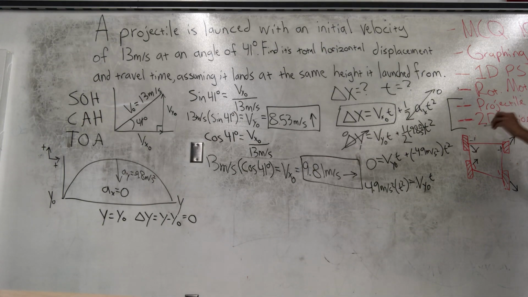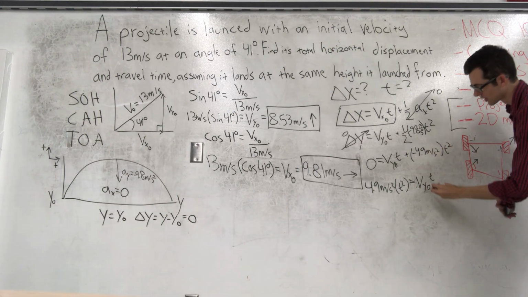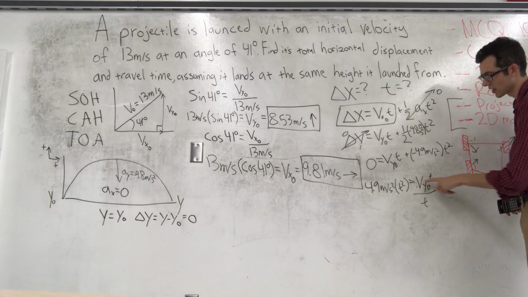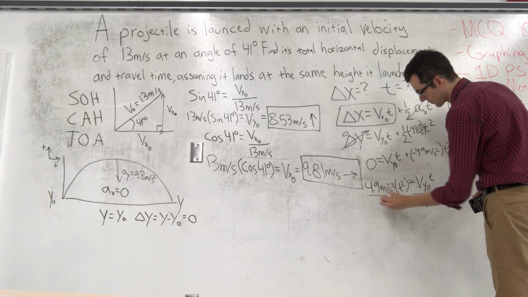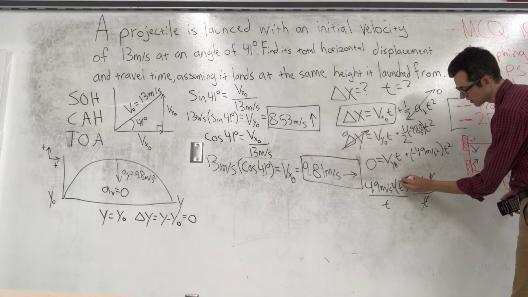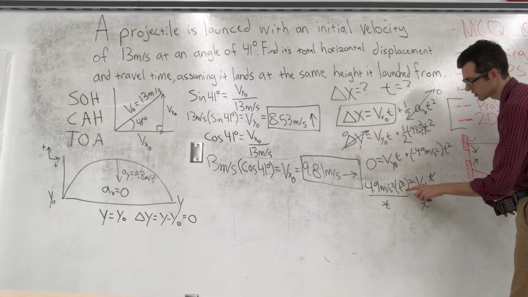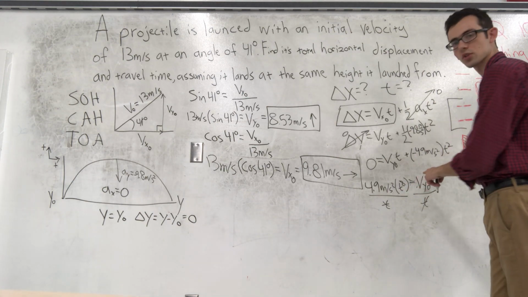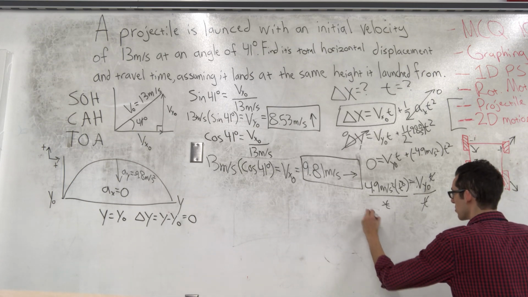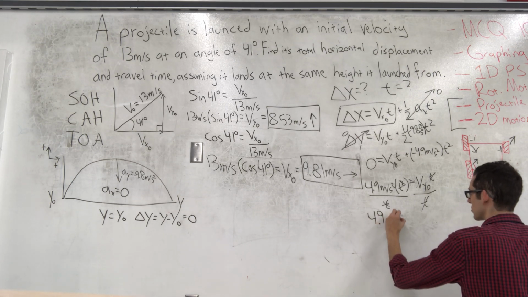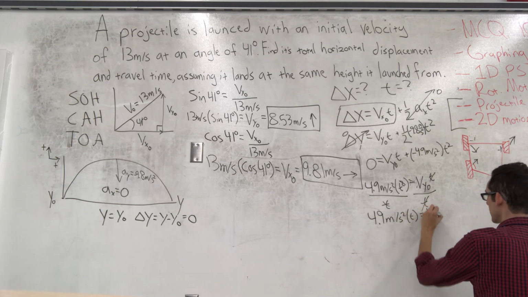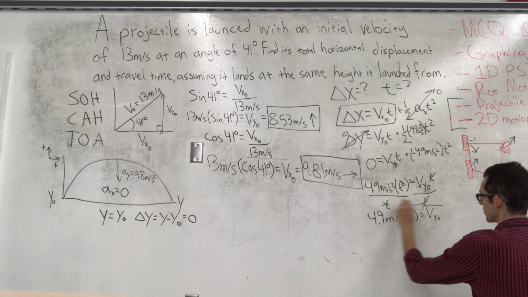Now the one last thing we can do to simplify even further is to divide both sides by t, because we've got a t over here and a t squared here. If we do so, this t will just cancel out, and this t squared will become just t. So our final version of the y equation will be 4.9 meters per second squared times t is equal to our initial y velocity.